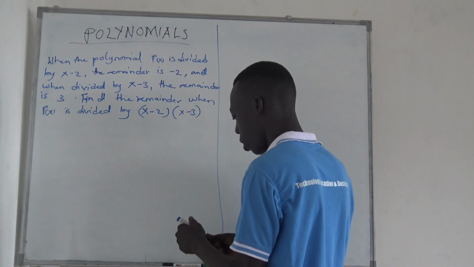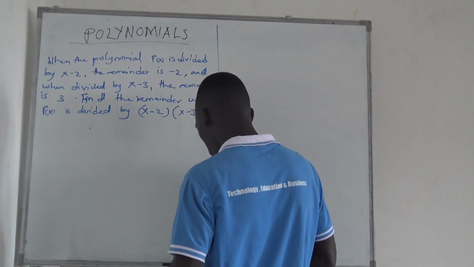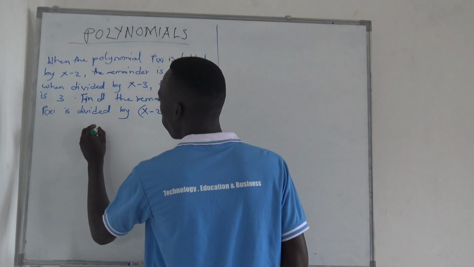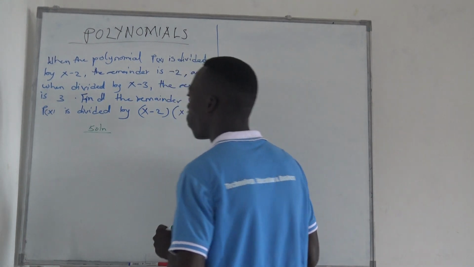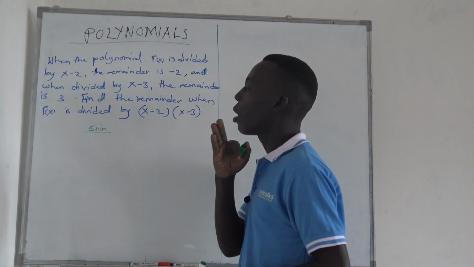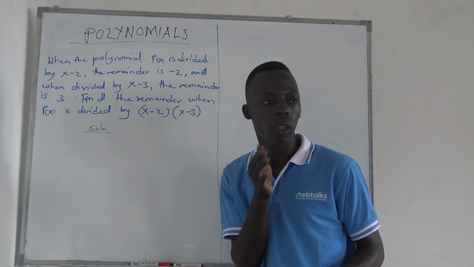What you have to know is only simple. If we talk of the solution, we must know from the factor and remainder theorem which we looked at.